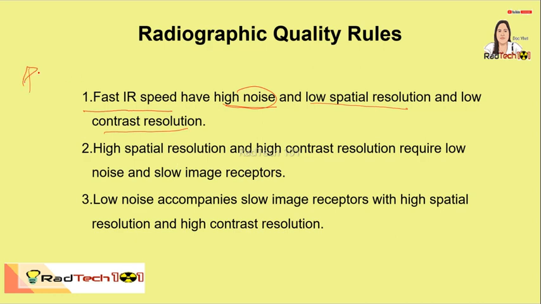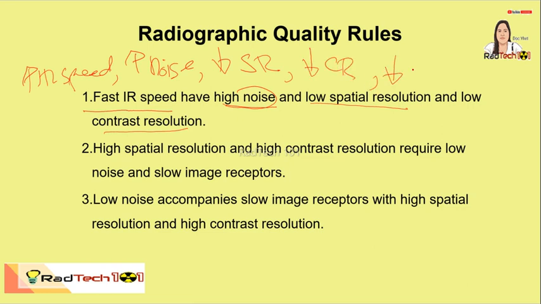So fast IR speed, pwede rin. So, increased noise or quantum mottle will decrease spatial resolution as well as decrease contrast resolution. Therefore, low ang detail, decreased detail.